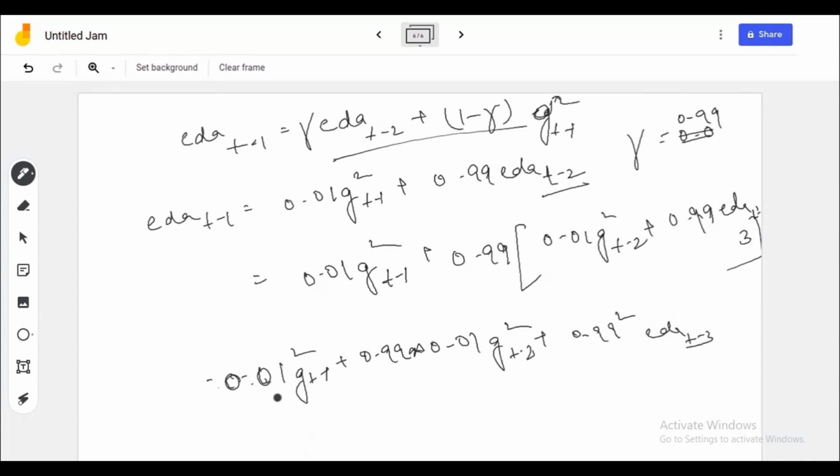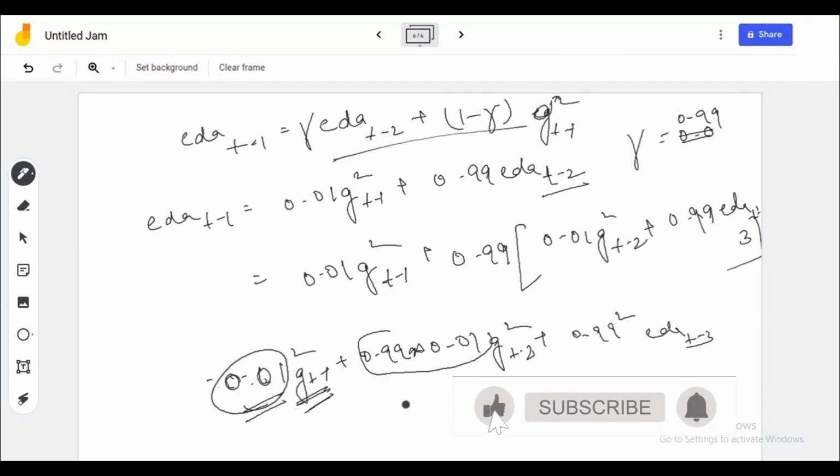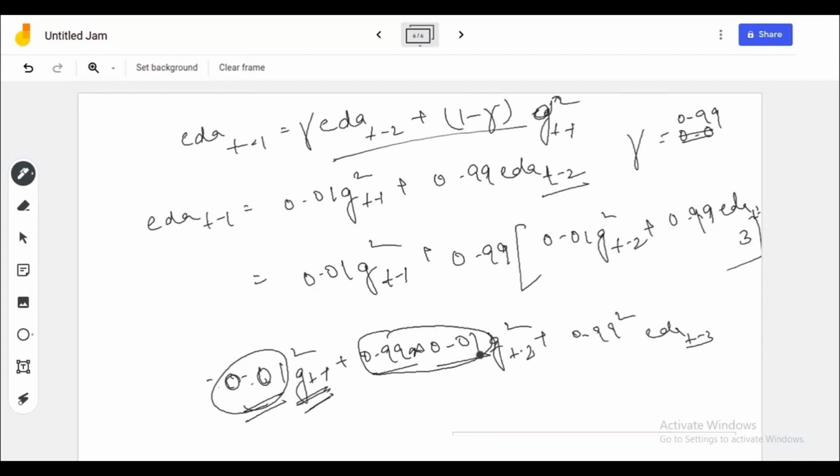So what is happening is, for this present gradient, we are giving a weight of 0.01. For the gradient before that, we are reducing the weight to 0.99 of 0.01, and for the one before that, it will keep on reducing and on and on.